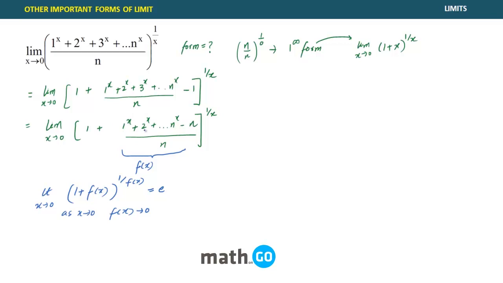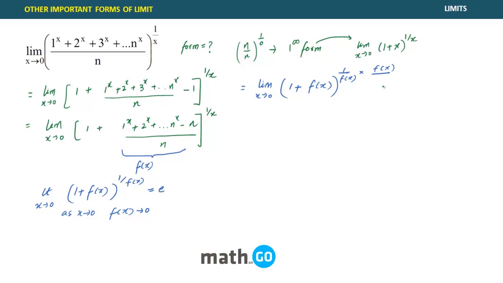Why? Because this is 1 plus 1 plus 1 added n times, minus n, which will give you 0. So what I needed here was the limit as x approaches 0. Let me assume this as f(x). You wanted 1 plus f(x), but rather than 1 by x, you wanted 1 by f(x) to be there. So what I did, in the power I multiplied and divided by f(x).